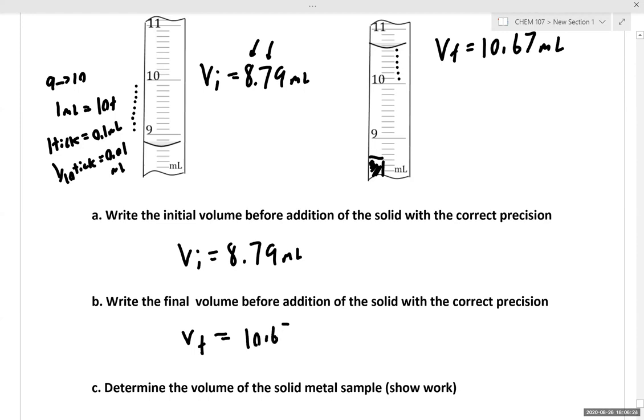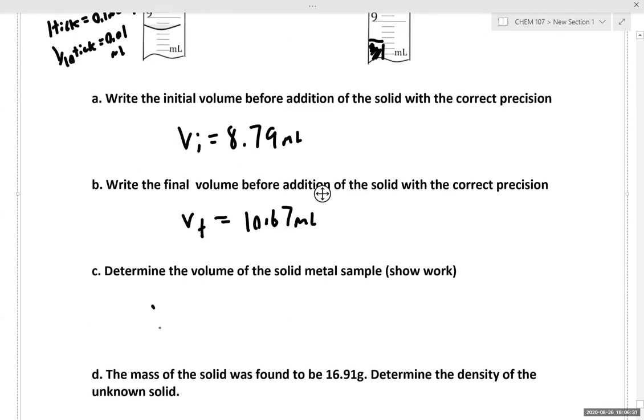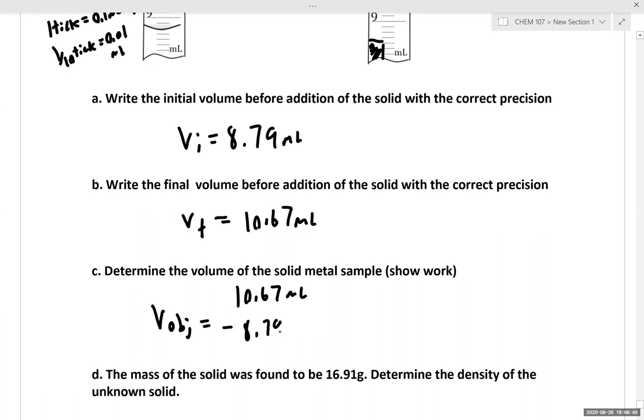So now that we have our initial and final volume written to the correct number of sig figs, we can calculate the volume of our solid object by taking our final volume minus our initial volume. As we notice, both of these numbers have 2 decimal places. So our final answer should also have 2 decimal places. So we have 10.67 minus 8.79.